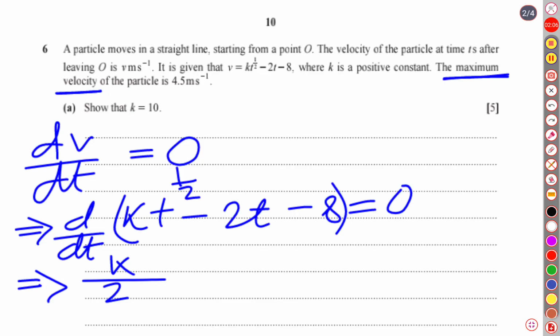And what will happen to t? If we subtract 1 from half, it is going to be negative half. So negative half means that is actually the denominator. Let me write this again. Before that, I'm going to erase this because the lines are very close to each other. Let's have some more space.